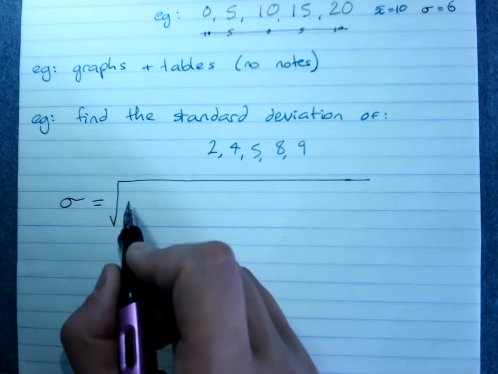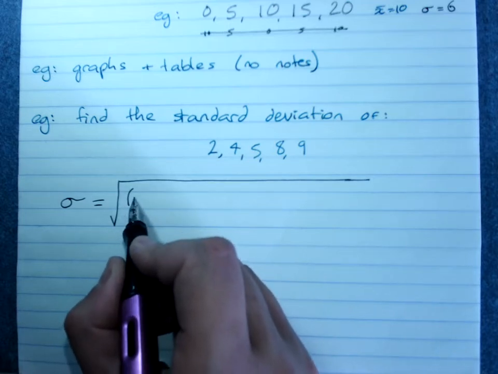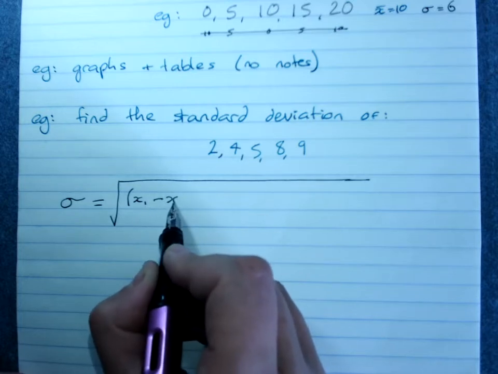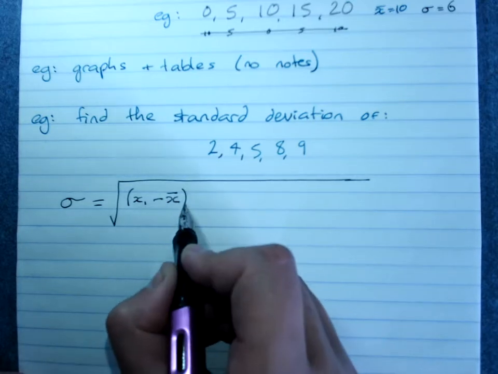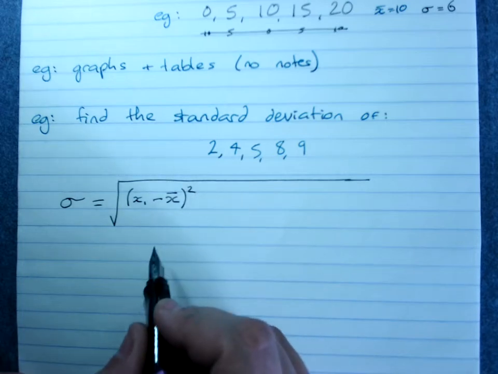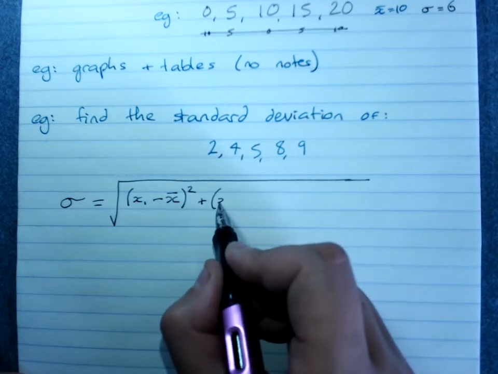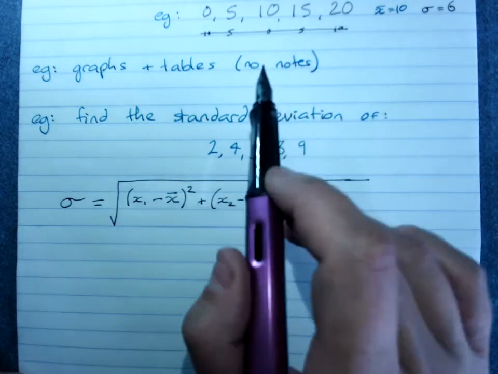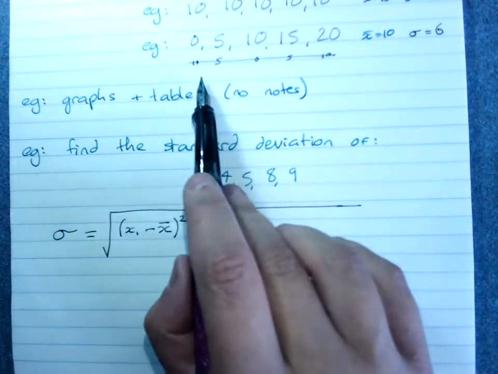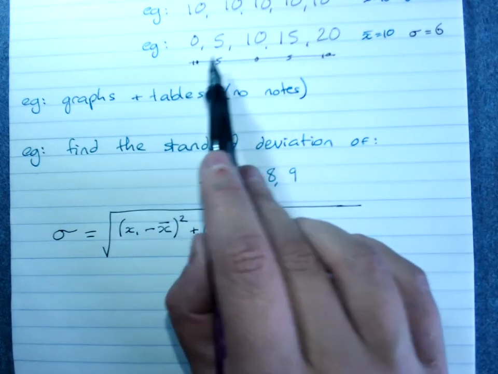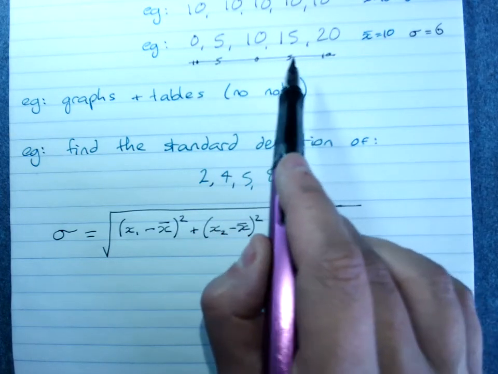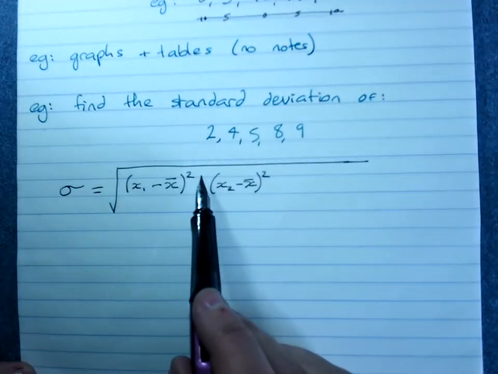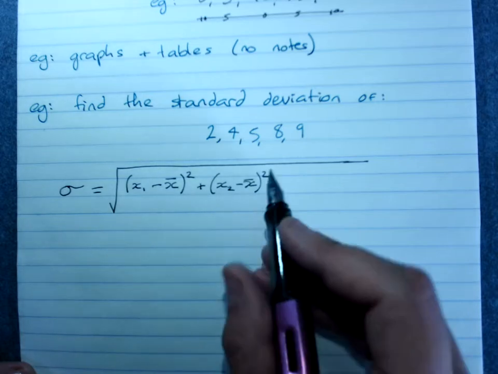So what we're going to do is take x1, the first score, and subtract the mean, and then we square it. We add on the second score minus the mean squared. So this is effectively what I did up here, I found the distance from the mean for each one. But the formula squares so that we can get rid of the negatives.